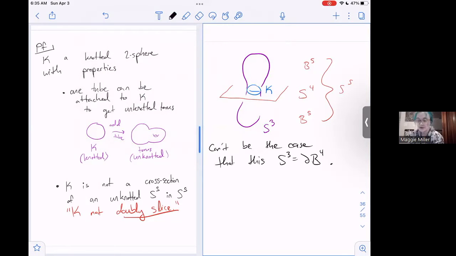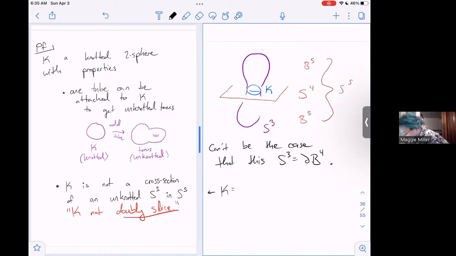And if you haven't seen double sliceness of classical knots, then this might seem very difficult to get a grasp on. If you have seen double sliceness of classical knots, then maybe you know that we have lots of algebraic restrictions on classical knots that can prove that classical knots are not doubly slice. Here, the invariant that we use is the Rokhlin invariant.